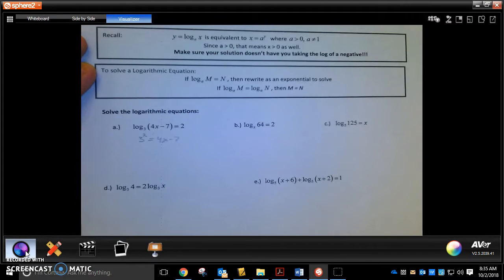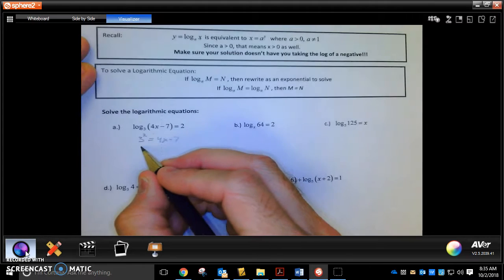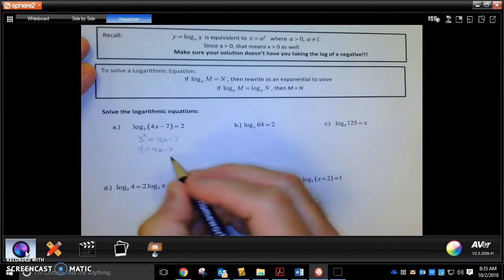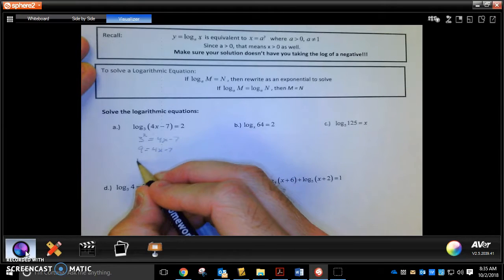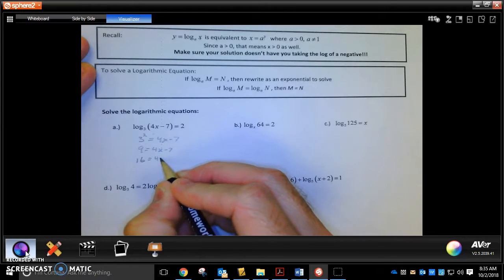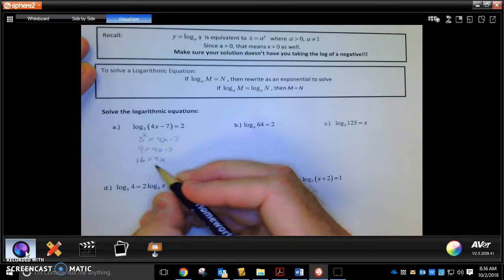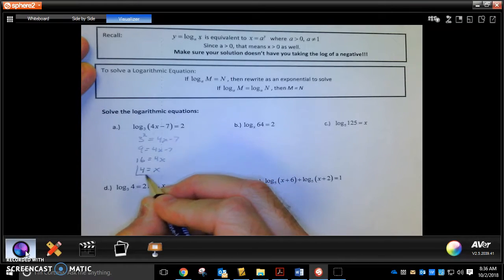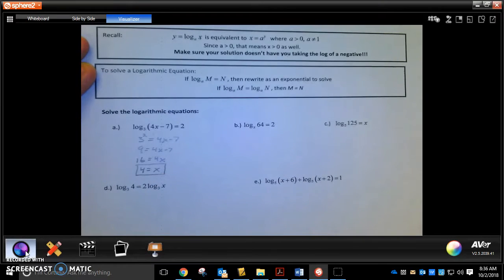That's it. That is now an algebra problem to solve. 3 squared is 9. We're going to add 7 to both sides, and then divide by 4. And that's our answer, x equals 4.